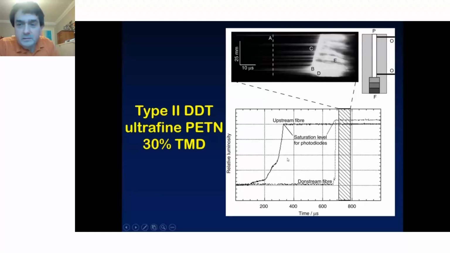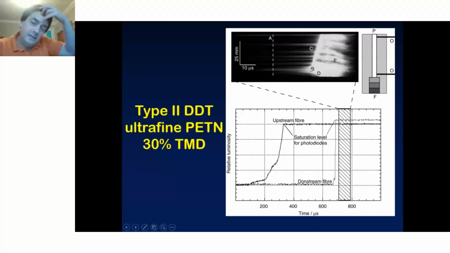This fiber here sees some burning relatively quickly. We get build-up of reaction, and then we get one that's fully ignited. That's great. Then we see burning at the top of the cylinder, and then we get into the region here, which is covered by the high-speed photograph, where we see that all of the system is burning, and what we get is a sudden breakout of reaction at that point B.